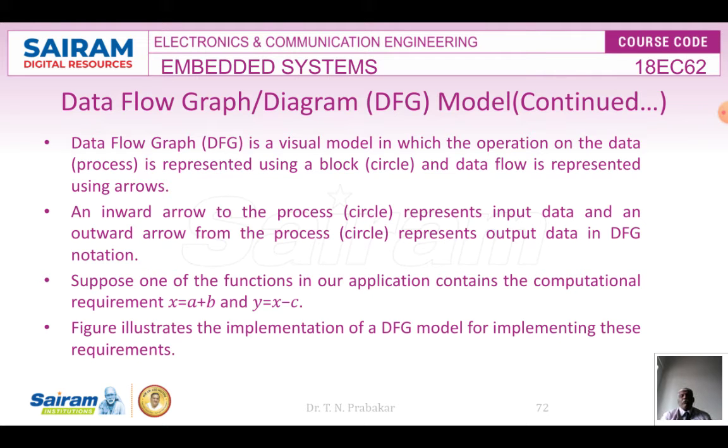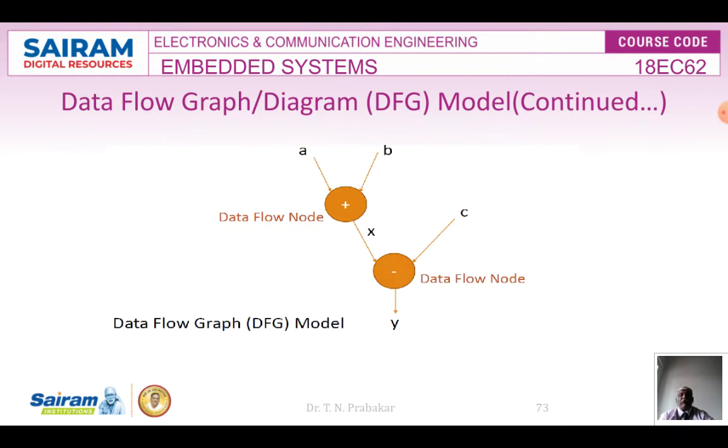If I want to implement this using the data flow graph, this will be the architecture. I think it is visible. I think it should be easy to understand, right? So the first node, we call it a data flow node. A and B are the inputs because the input arrows are given there, and there is an adder unit. So A plus B will be added there, and the result is named X. The output of that first node is called X. In the second node, we have a subtracting function.